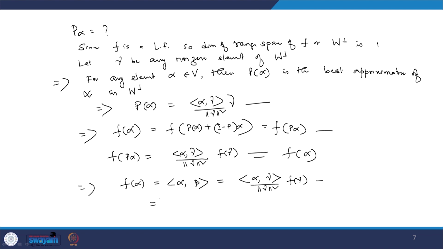So, this implies I will have beta equal to f of gamma divided by norm gamma square and gamma. Okay. So, this is basically the geometrical interpretation of this beta element, please.